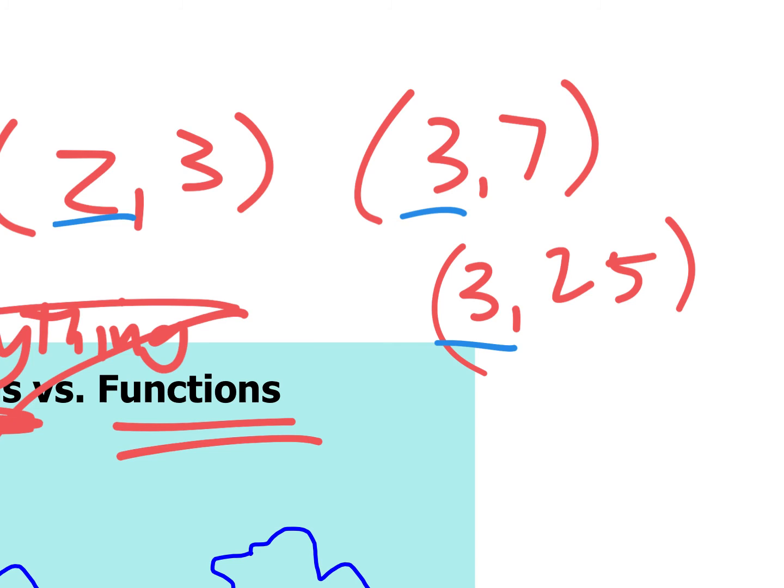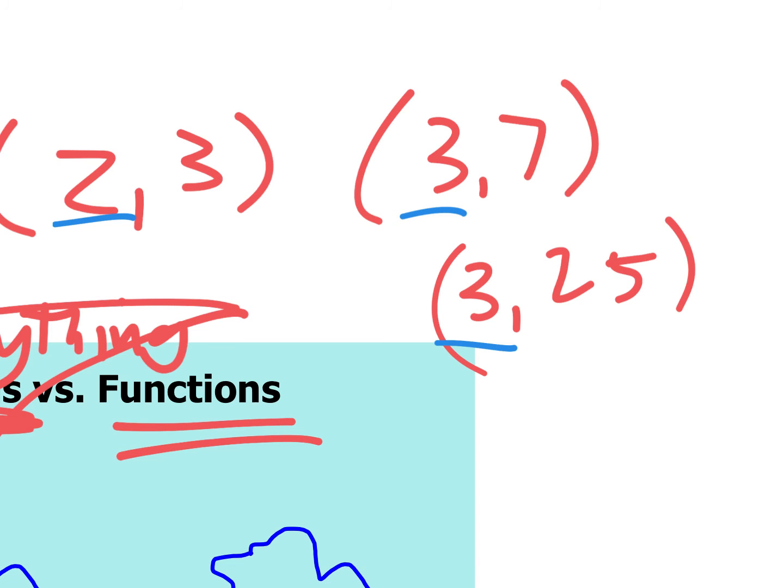Pretty much everything's a relation. Is this a function? No, because which one screwed it up? The 3. When I put in 3, I should only get one consistent answer. So functions have to be consistent.